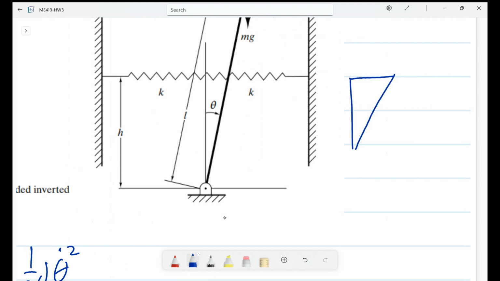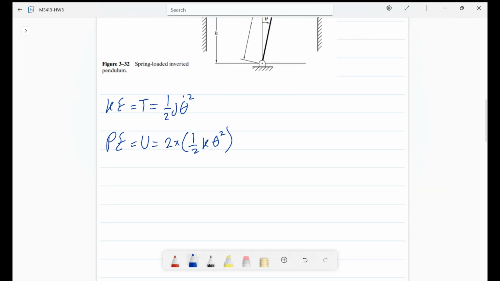So if this is x, and we have our spring here and our spring here, if this one is shrunk by x, this one as well will extend by x, right? So we can say that they are the same and we can sum them up.